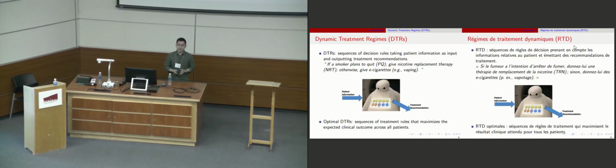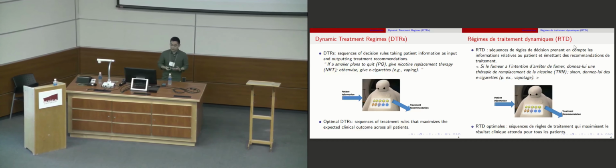In the context of multi-stage treatment decisions, a dynamic treatment regime is a sequence of decision rules which at each stage takes the patient's information as input and outputs a treatment recommendation. In our real-world application in smoking cessation studies, a simple DTR could be: if a smoker has a plan to quit, which is information we get from the patient, the treatment recommendation is to give nicotine replacement therapy.